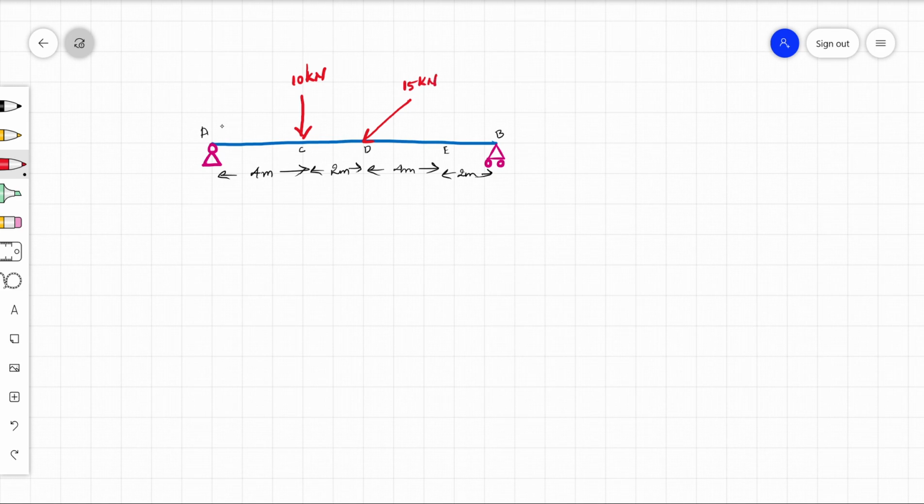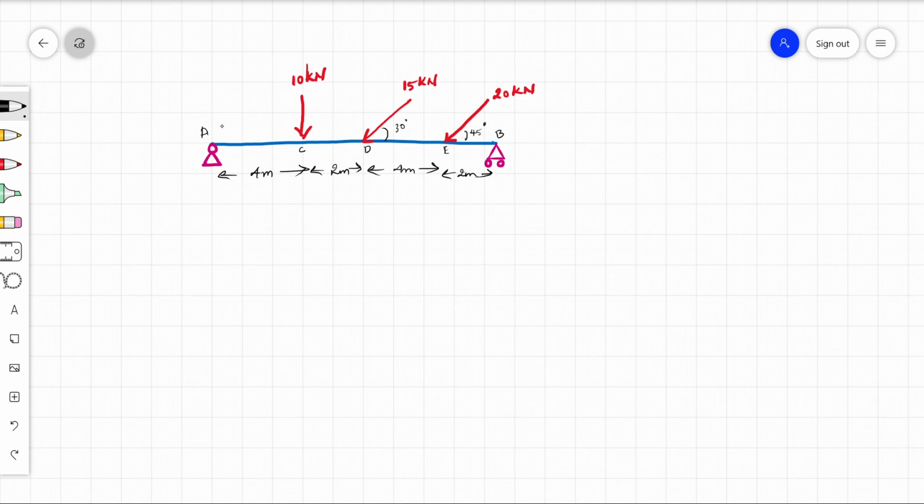At E, there is again one more inclined load, and the magnitude is 20 kilonewton. The angle given in the question is 30 degree, as well as over here 45 degree. Okay, this is what they have given.